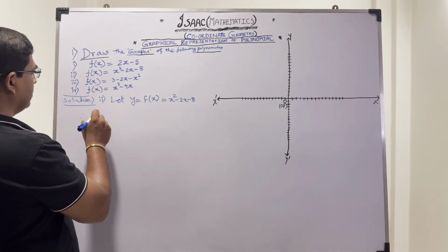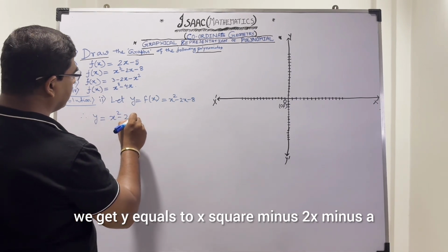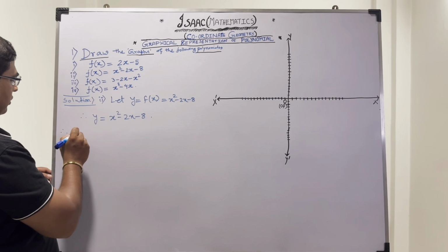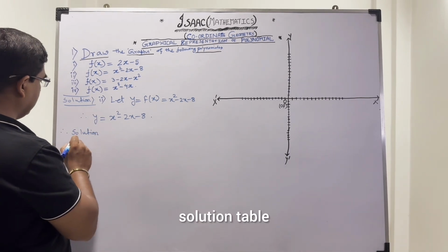So therefore, we get y equals x square minus 2x minus 8. So therefore, the solution table.